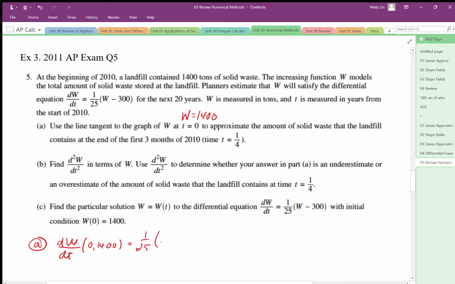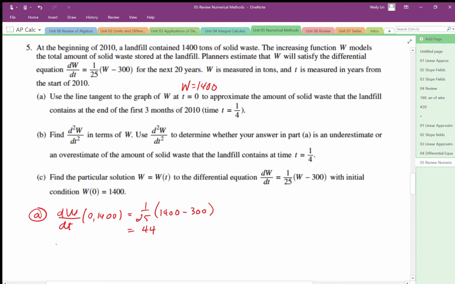So it's going to be 1,400 minus 300, divided by 25. So the slope works out to be 1,100 over 25. I think the slope is 24, if I'm not mistaken. Oh, sorry, 44. 25 into 1,000 is 40. 25 into 100, yeah, so 44. So our slope is 44.